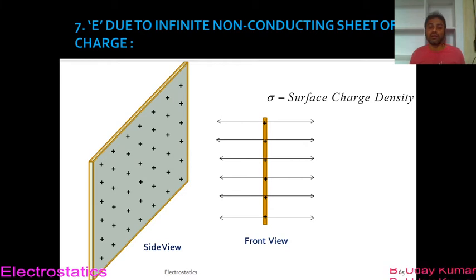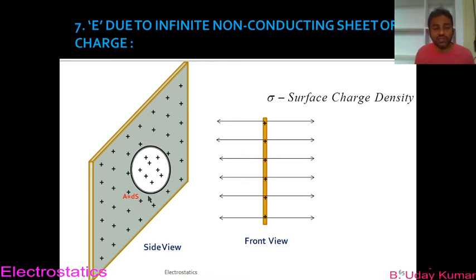Even then, we can find the value of sigma here. To find it, we choose a small area element on this sheet. Let us assume this is the area element I have chosen. If its area is taken as A or dS, the choice is yours, you can take any notation that you want.